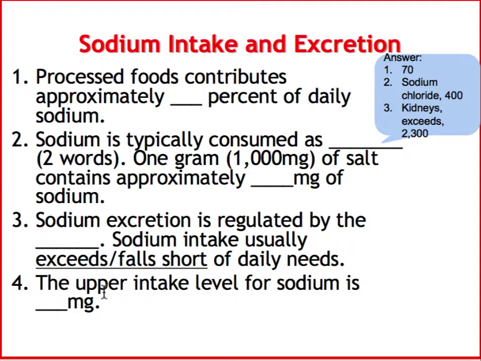Actually, I take that back, because right here on the slide it says the upper intake level for sodium is 2,300 milligrams, so 2.3 grams. But for athletes, it's not recommended that they follow a low salt diet, because low salt may cause them to have low plasma sodium concentrations, because you lose sodium in your sweat.